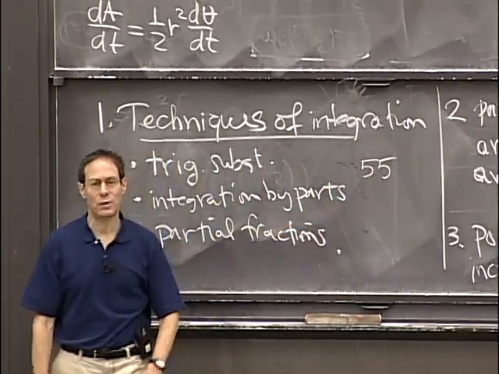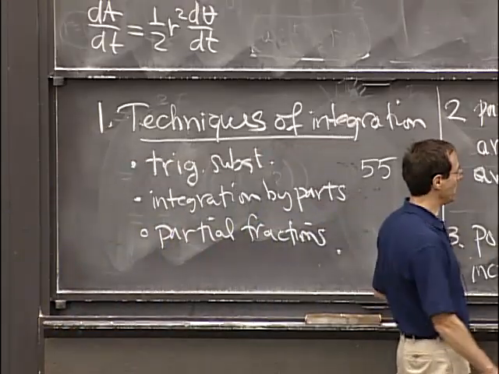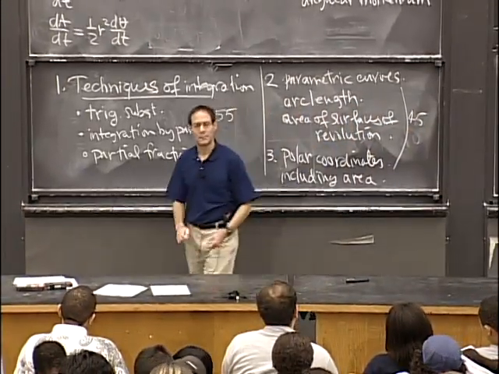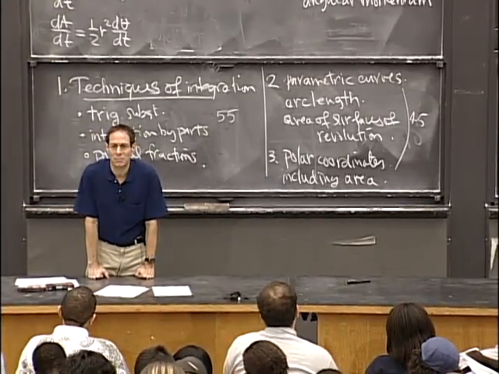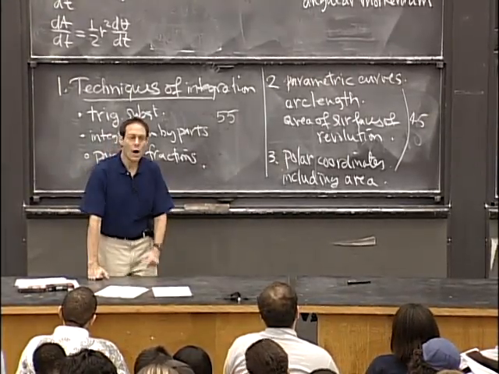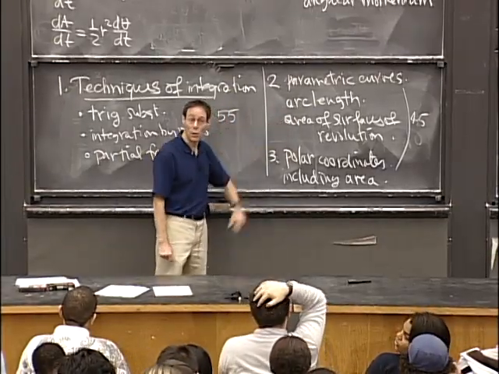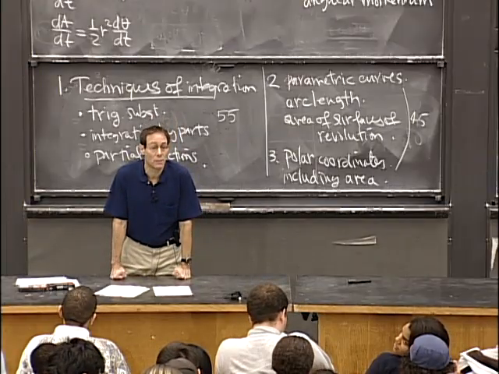This is 55 points, unless I change the point values, and this is 45. That's what it came out to be. You are going to want to know about all of the things that I've written down here. You're definitely going to want to know, for example, surfaces of revolution, how to set those up.